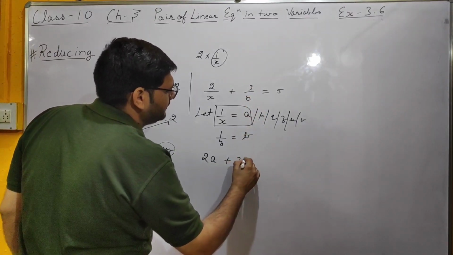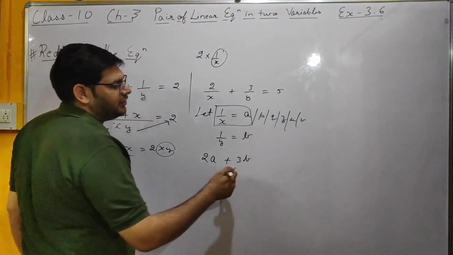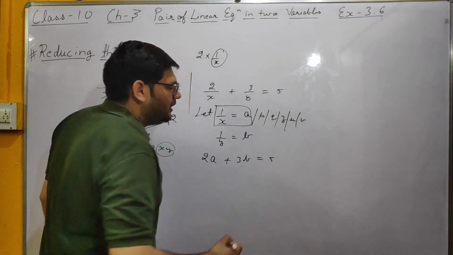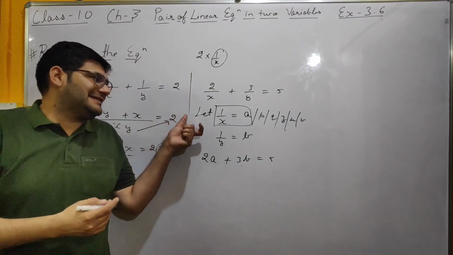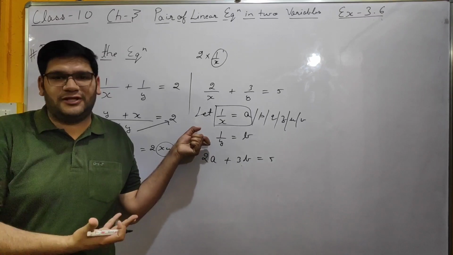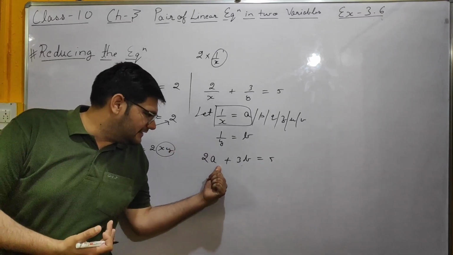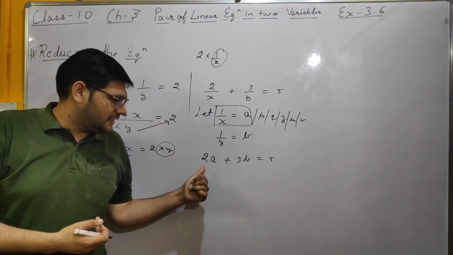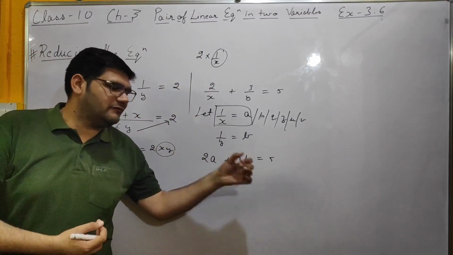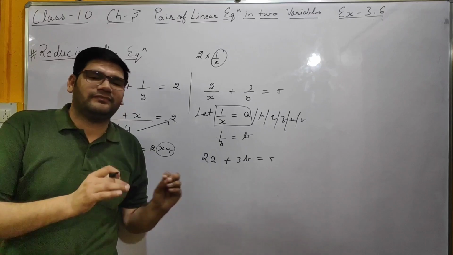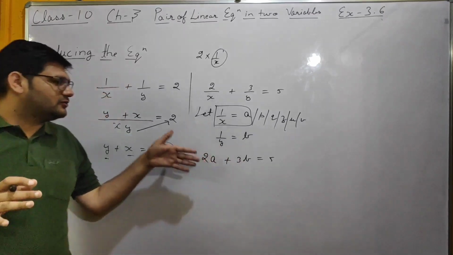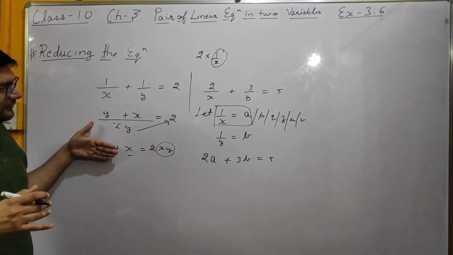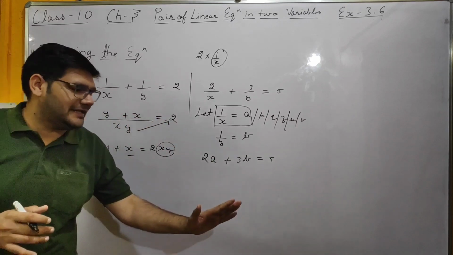So 3b equals to 5. Now this is the only step. This is the reducing method. Now you can see this equation in the standard form of linear equation. 2a plus 3b equals to 5. Now you can solve this equation easily. So in this way we will solve this also, and then we will find out the final answers.